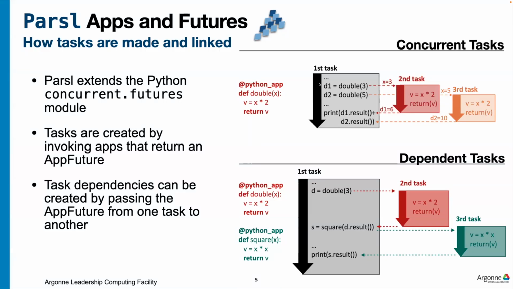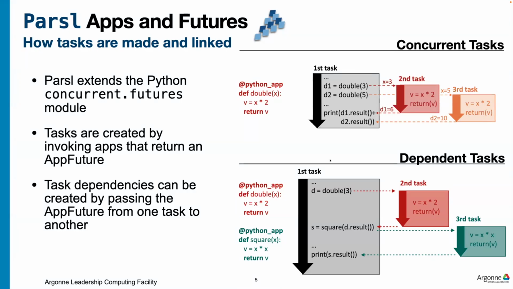In this way, you can enable concurrent execution of many of these calls. You can also, for example, use the futures to chain tasks together by passing the result of one future to the next.